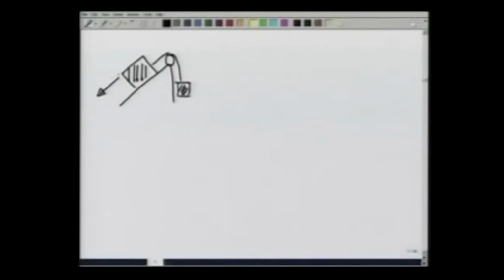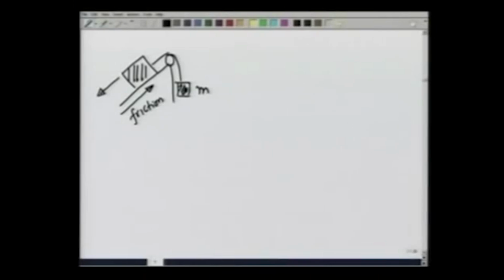If it has a tendency to move down this way, there will be a frictional force opposing it. And this frictional force that opposes it makes it possible to have mass m much less than 25 kgs and still have this block in equilibrium.